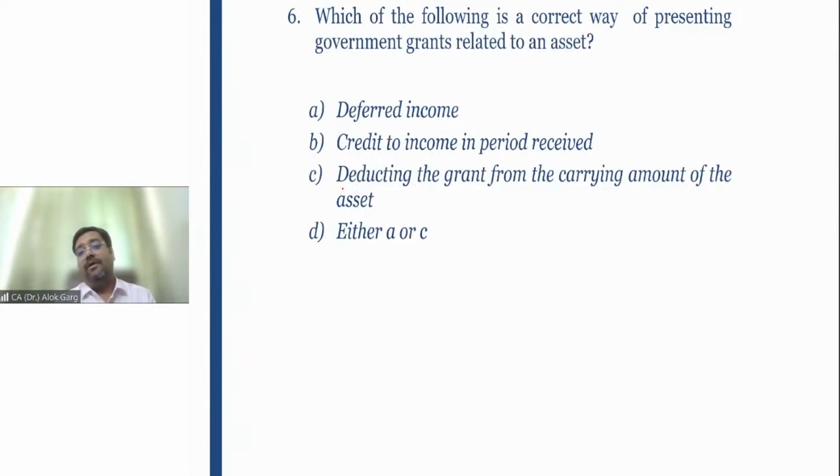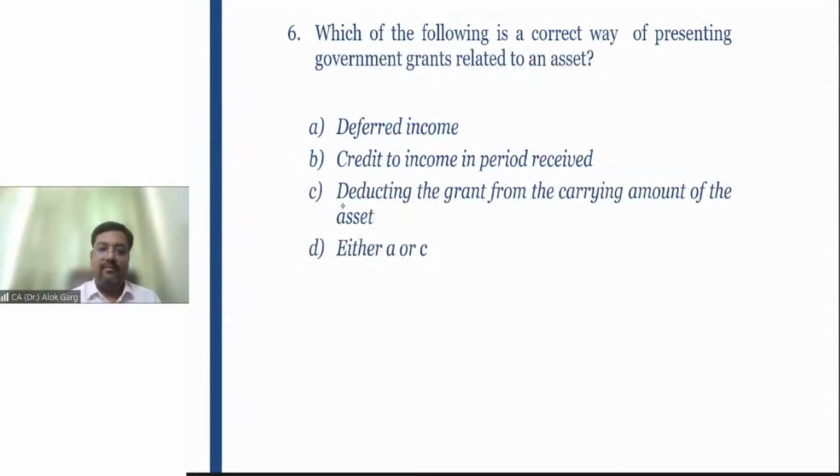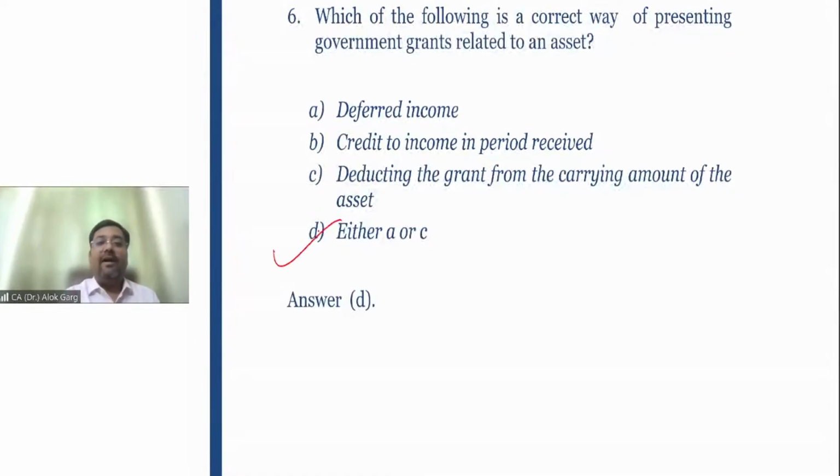Deferred income, credit to income in period received, deducting the grant from the carrying amount of the asset, either A or C. What is the right answer? Yes, it is D. Either you present the asset at gross value and the grant as a deferred income, deferred government grant. And the second option is the net option, where you can reduce the grant from the carrying value of the asset.